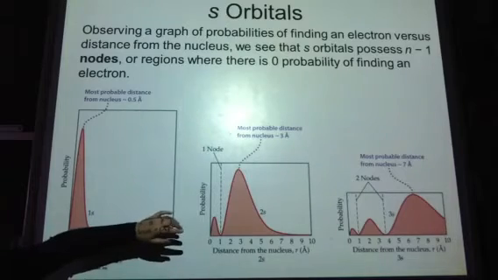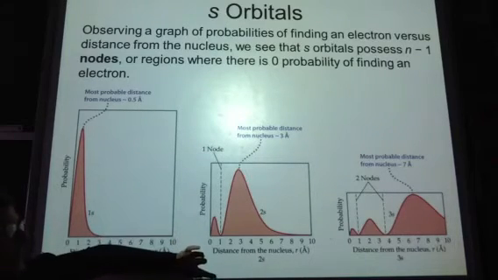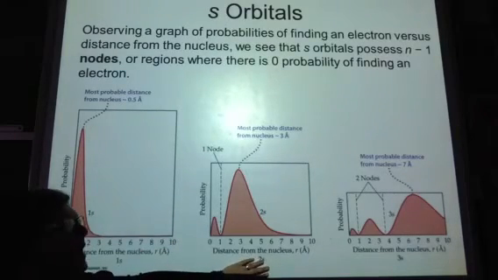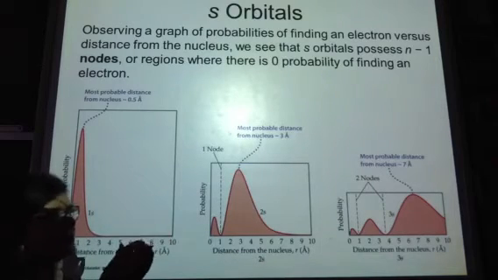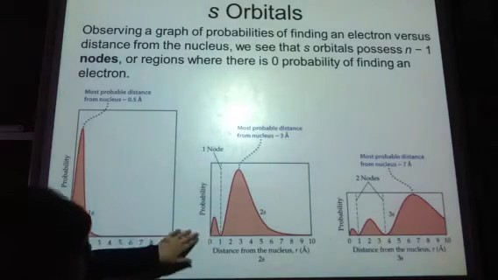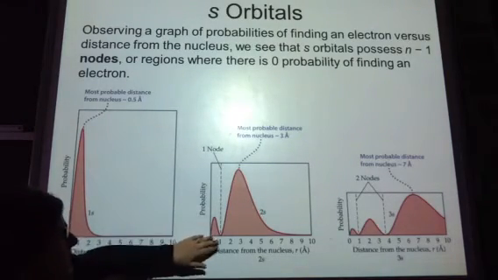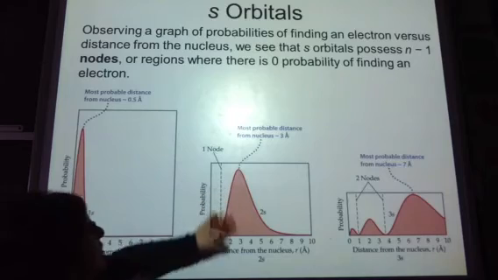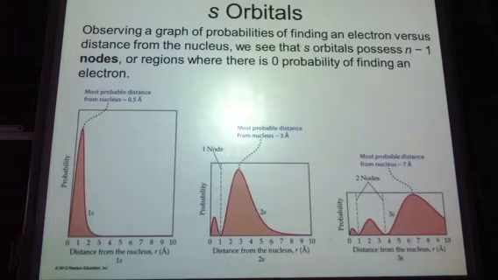Let's say that I want to think about 1s and 2s. So now I'm at 2s. Now I have that first ring, and then I have that second ring. I have some electrons that are around the nucleus in the 1s, and I have a lot of electrons that are around the nucleus in the 2s as well.